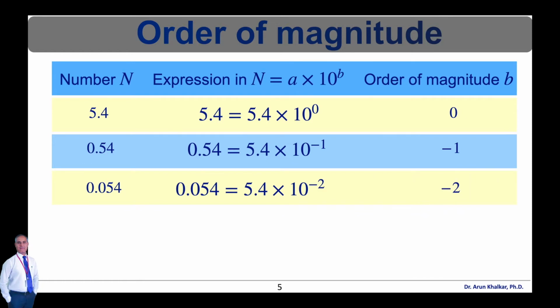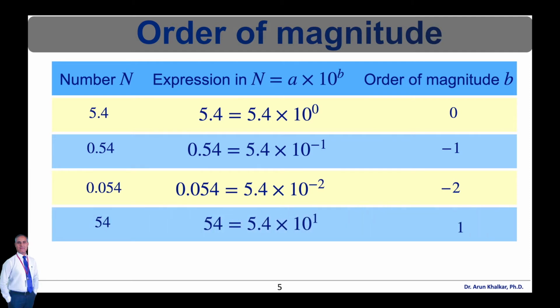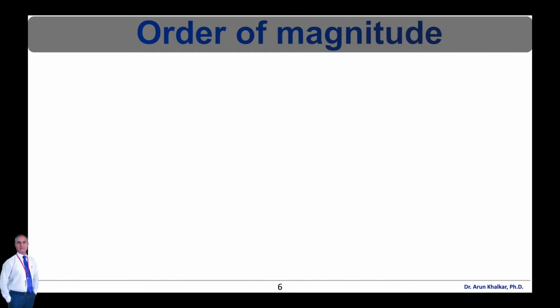Next, 0.054 is 5.4 × 10^-2, so -2 is the order of magnitude. Next, 54 is 5.4 × 10^1, so 1 is the order of magnitude. Next, 540 is 5.4 × 10^2, so 2 is the order of magnitude. In this way, we can express the order of magnitude as the value of b.